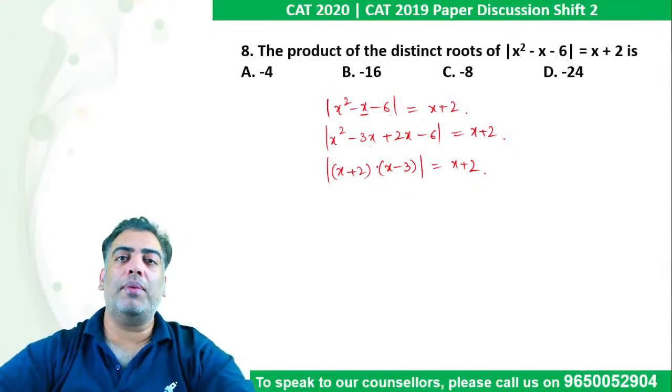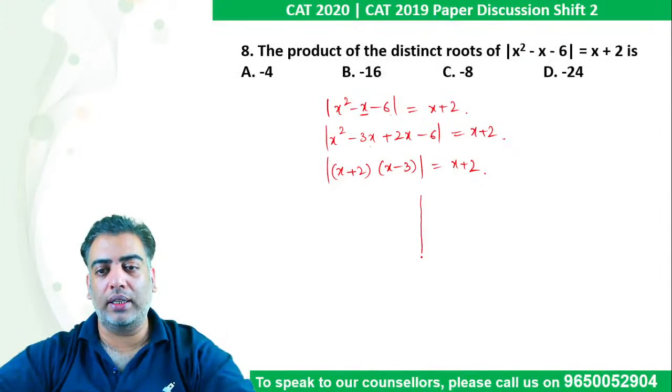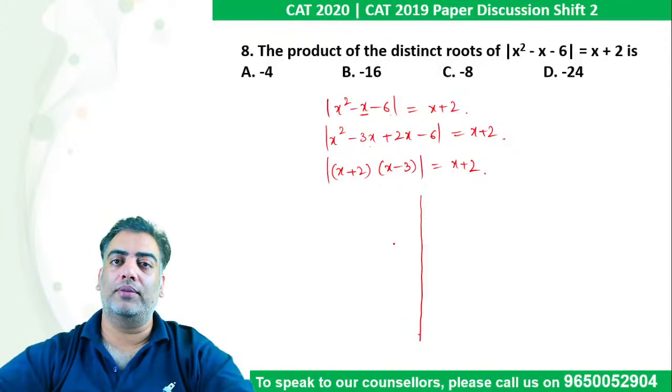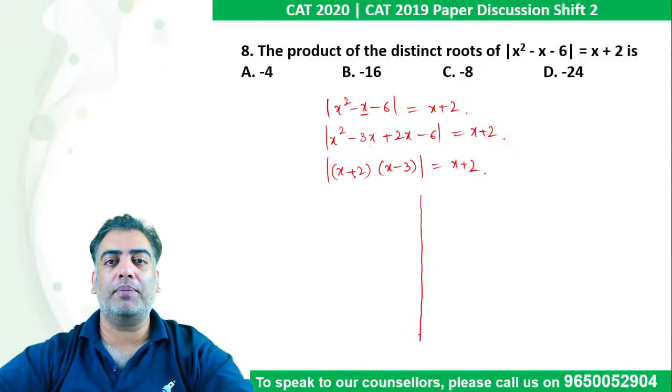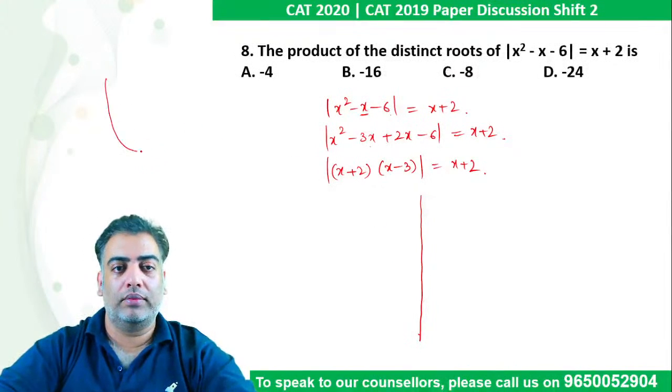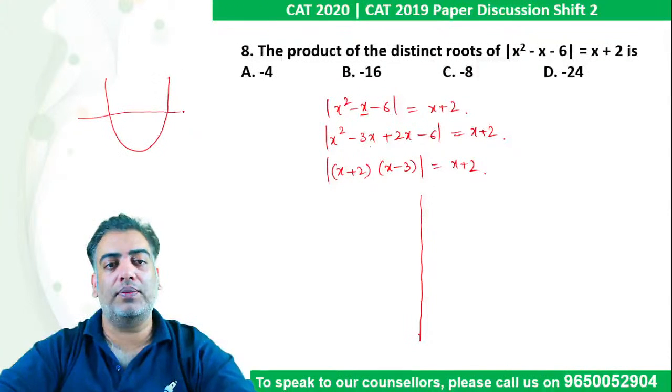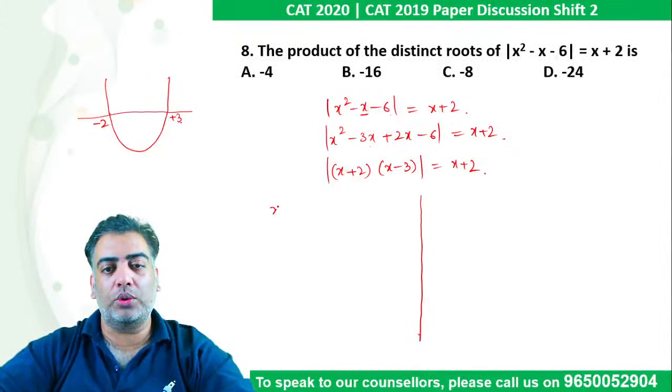Now whenever we come across modulus, we need to understand the range which is to be taken, because it represents a parabola whose point of intersection with x-axis is at minus 2 and plus 3. So when x is less than minus 2 or when x is greater than equal to 3, this is going to be positive.